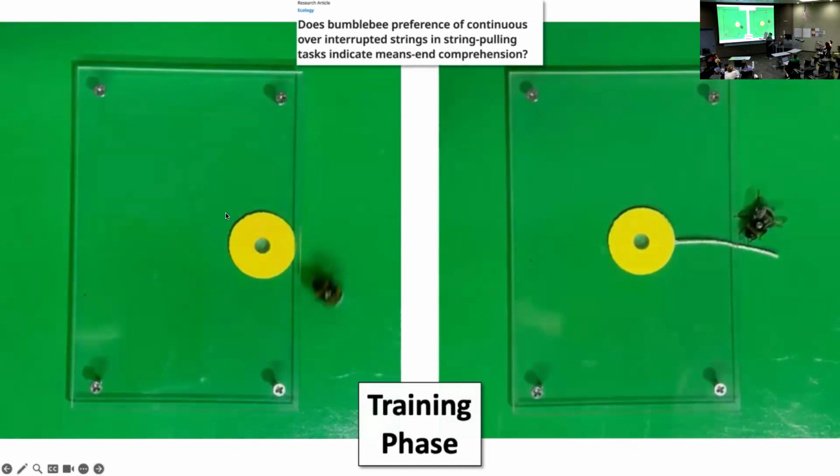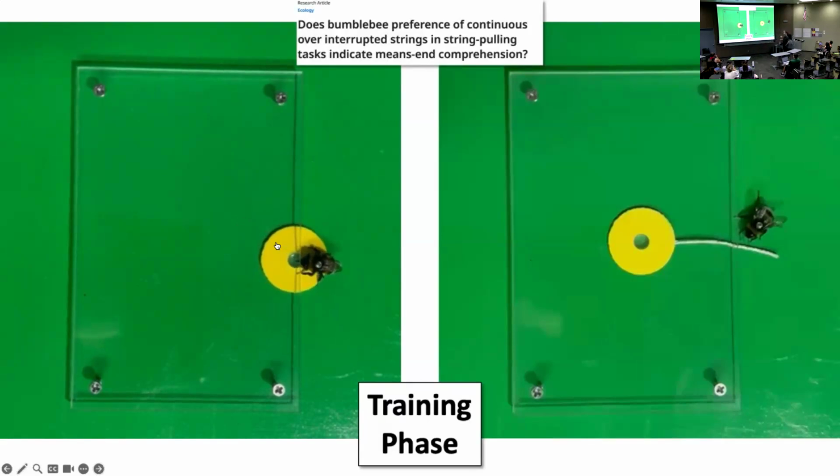Once I hit play, we're going to see a glass table, and underneath it there is a little yellow disc that has a hole in it with sugar water inside the hole. And the bumblebee, after many rounds of training, can learn how to grab that little disc and pull it out and get the sugar water reward.